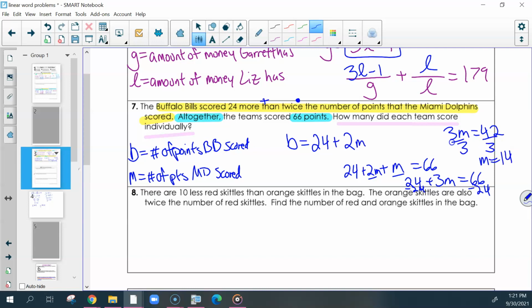So if the Miami Dolphins scored 14 points, I could put that back in here to figure out the number of points scored by the Buffalo Bills. So that would be 24 plus 28, which would give me 52, I believe.